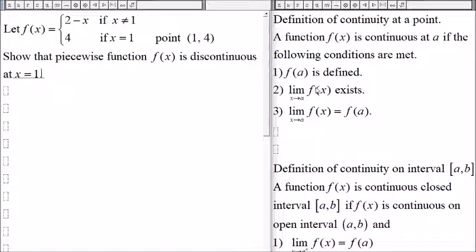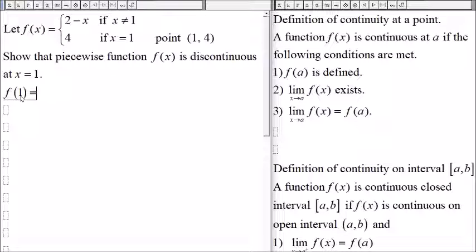And so to show that the function is discontinuous at x equal to 1, we have to show that one of these conditions fails. And so first we need to do f of a.